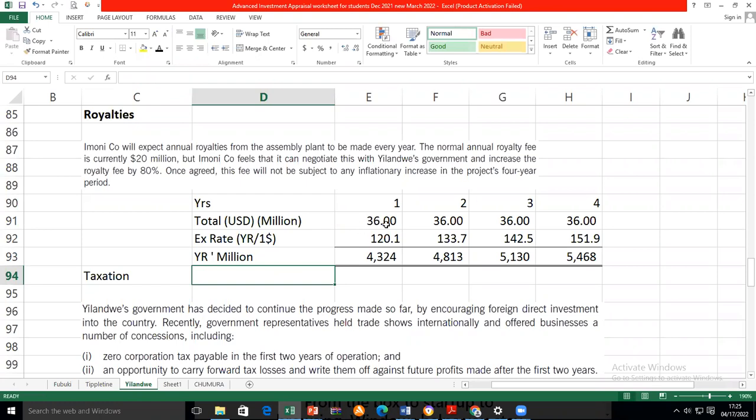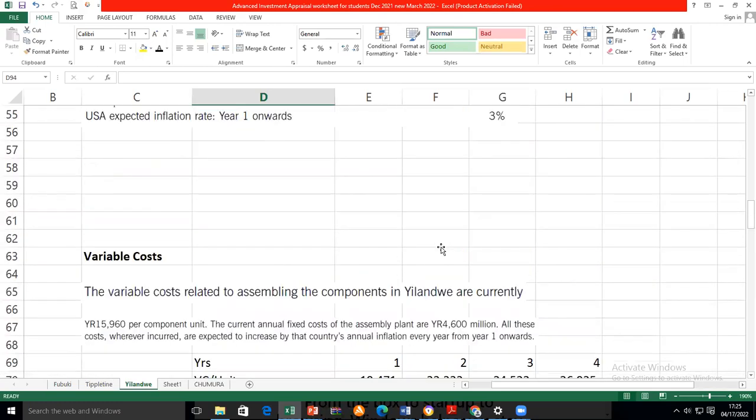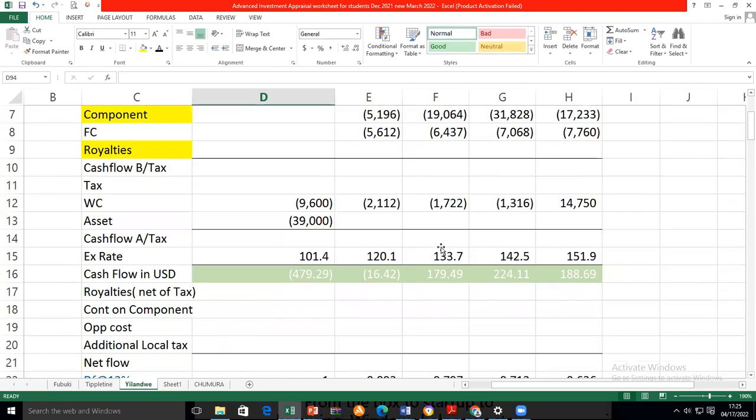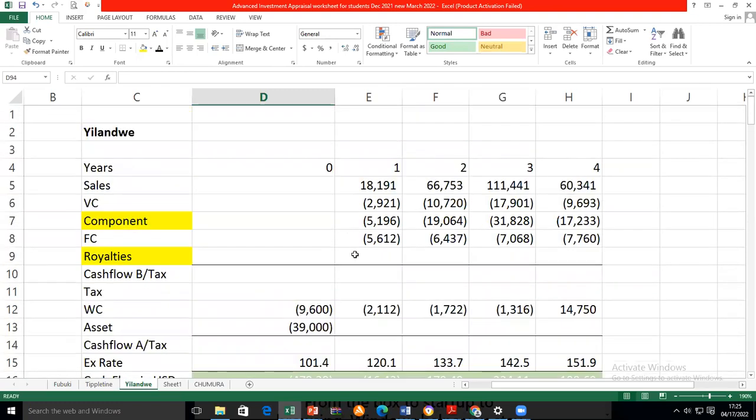Have we seen where the 36 has come from? You add 80% to 20, which is 16 plus 20, 36. And they say this will be constant, so you don't inflate these. So all you do is you multiply. So your royalties are here.